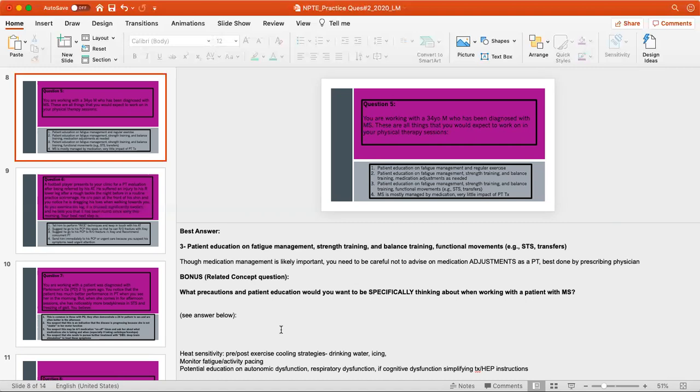So these individuals could have widespread impairments, and one thing that could be included in that list is some sort of balance or vestibular dysfunction, and so maybe fall risk prevention would be the other thing that might make this list as far as safety or precautions.